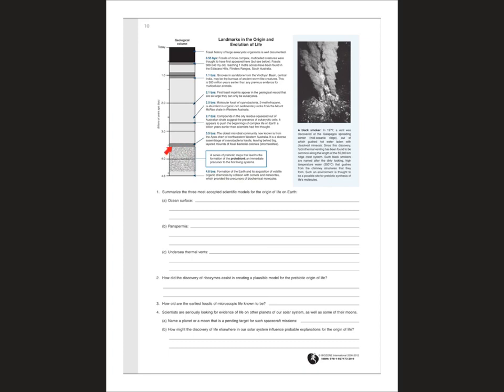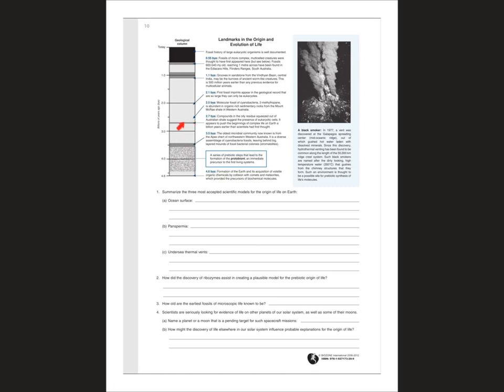The arguments are really about how long ago. Was it earlier than 3.5? Was it later? So that's where to draw this line is the argument. The idea that cyanobacteria is the oldest one we found, clear communities of microorganisms, I think that's pretty clear, somewhere around 3.5 billion years ago.